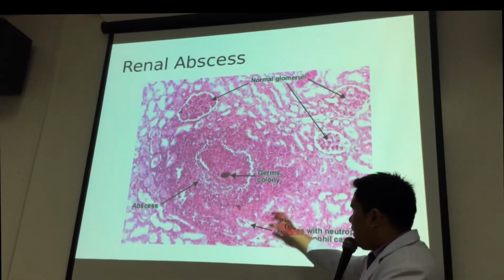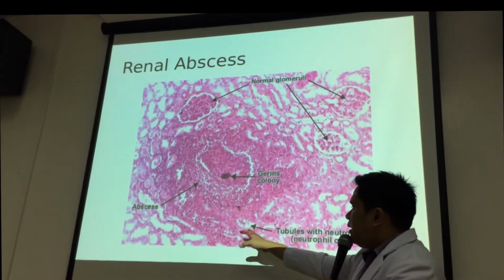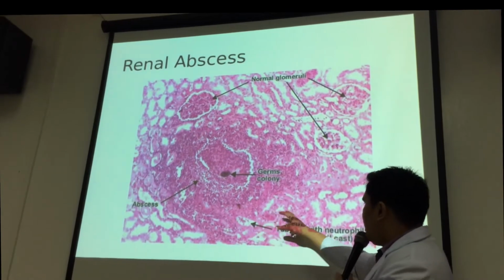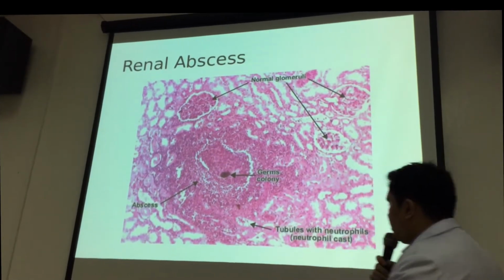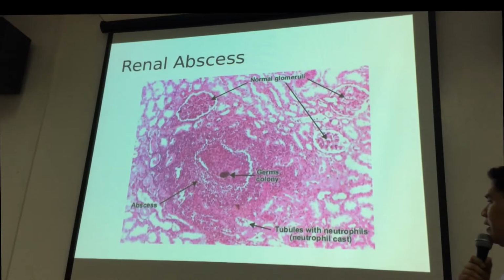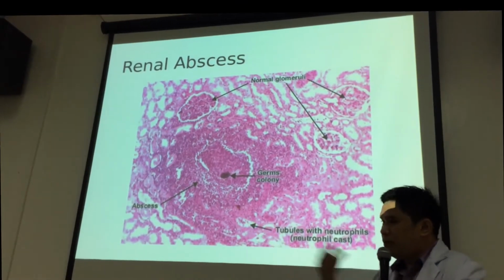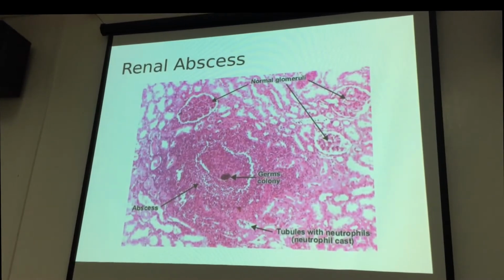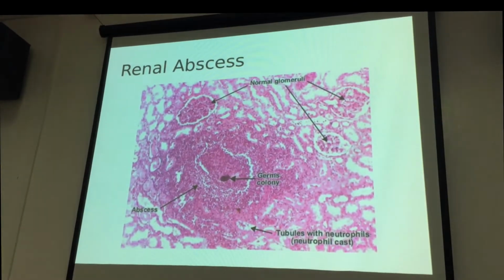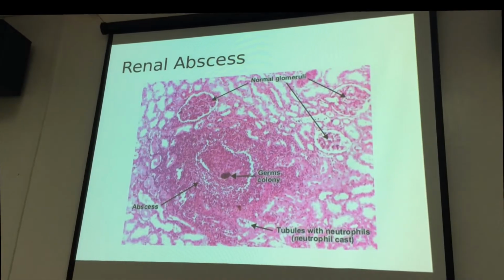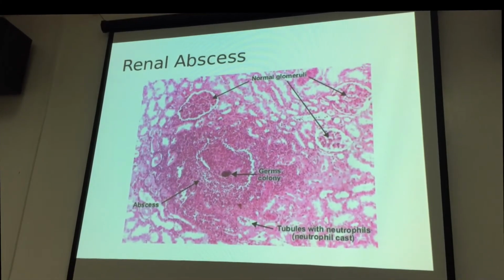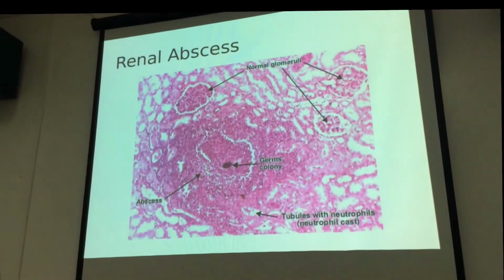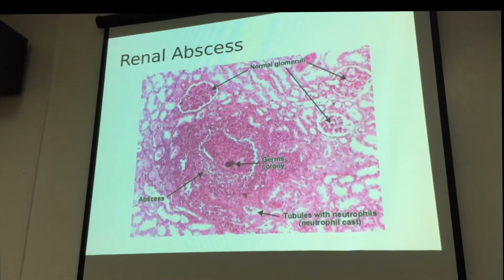You will notice at this area that there are still renal tubular structures. Some of them will have necrotic renal tubular cells lining them. And some of them, inside the lumen of the tubules, are filled with polymorphonuclear inflammatory cells. Now, when urine forms and passes through those tubules, when this is extruded out in the form of urine, you will see the presence of leukocytes.